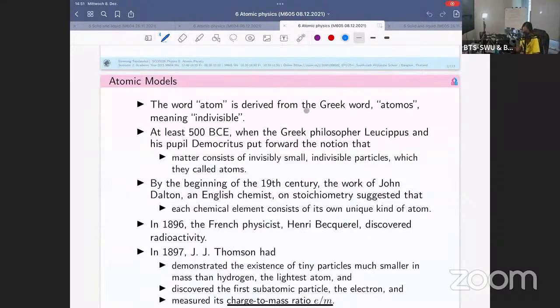Okay, the word atom is derived from the Greek word atomos. Yeah, you know that much of science is derived from the Greek heritage, right?